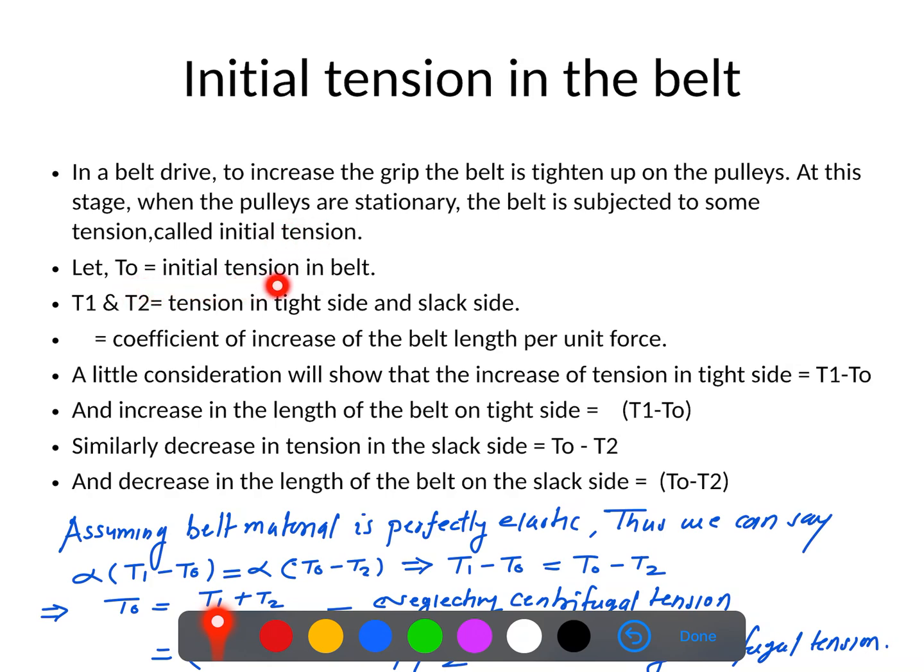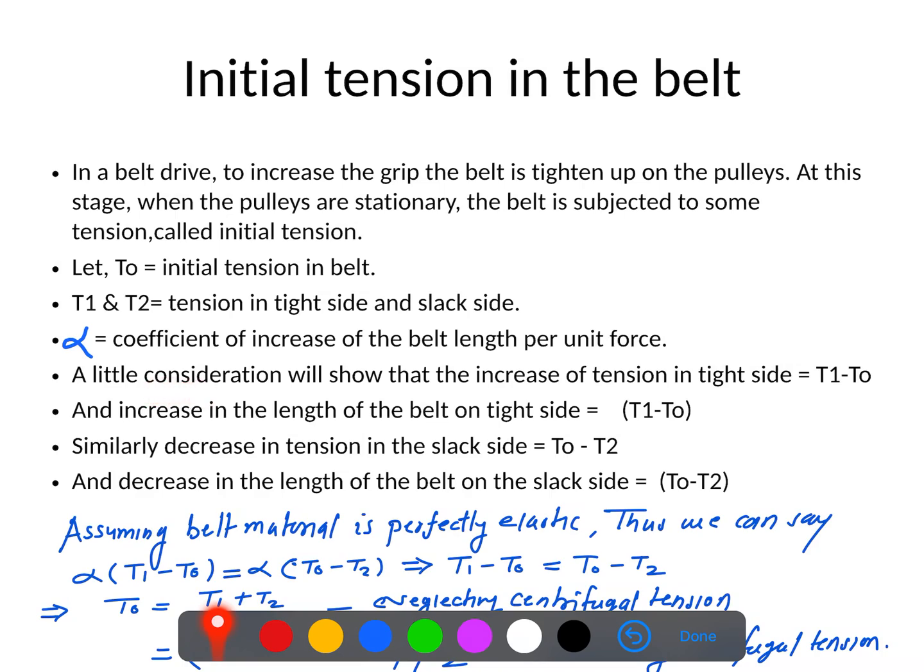Let T0 be the initial tension in the belt, and T1 and T2 the tension in the tight side and the slack side, and alpha is the coefficient of increase of the belt length per unit force. As we pull the belt, there will be a certain increase in the belt length.